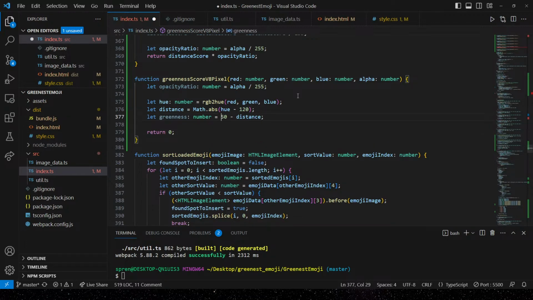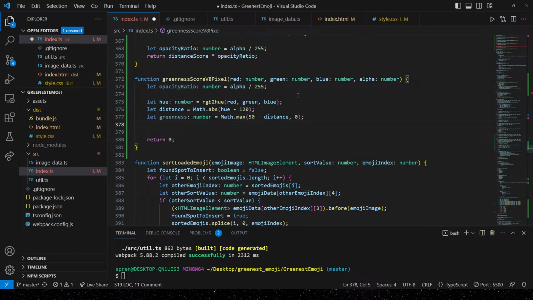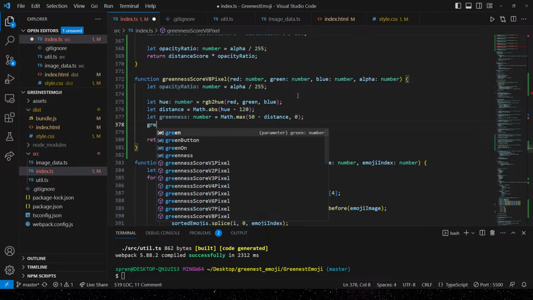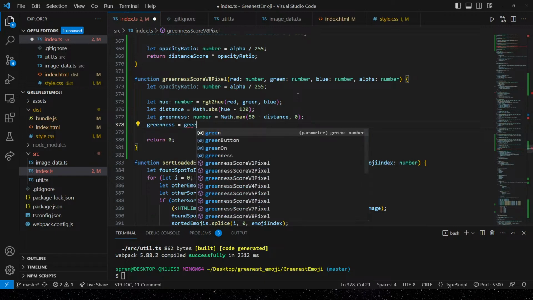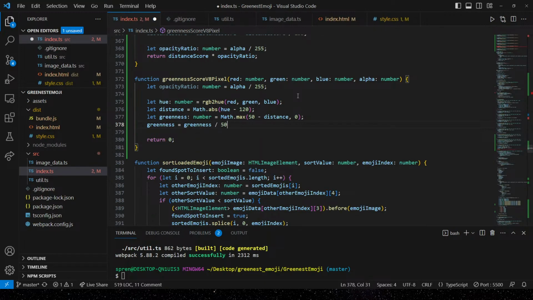And then we say it's the max of... That's not how you do that. And then you say... What do you say? You say greenness is equal to greenness over 50 times 255.